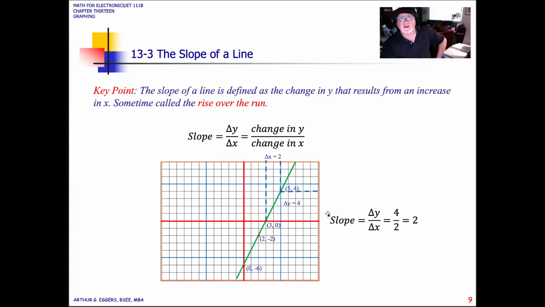If we pick values here and say, what is the slope given a change in y of 4 and a change in x of 2, we end up with a slope of 2. So if we track that rise over the run, up 4 over 2, we end up with our slope value that characterizes that line and the angle that it makes.